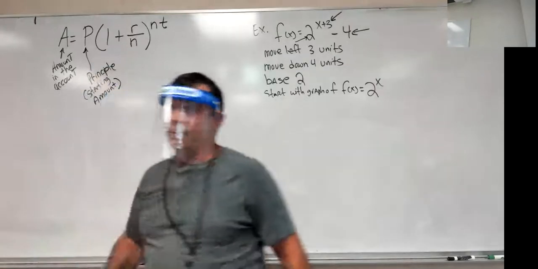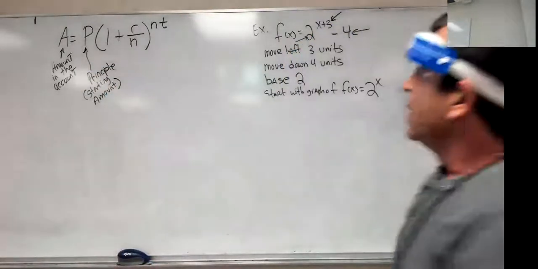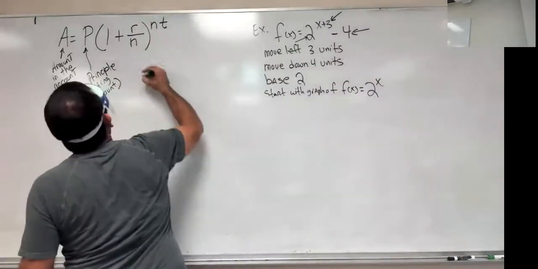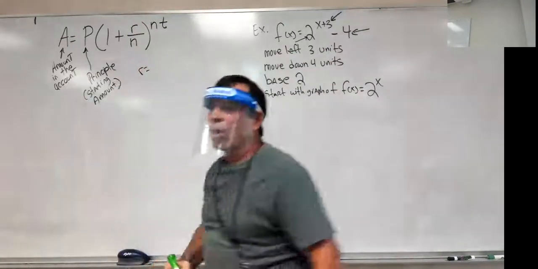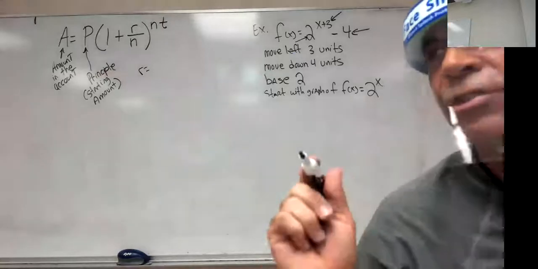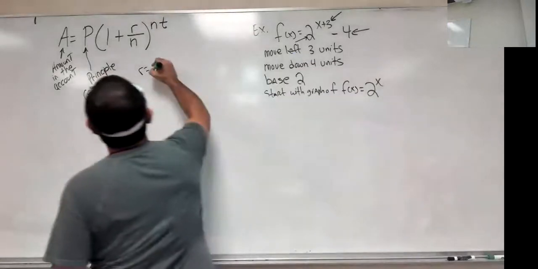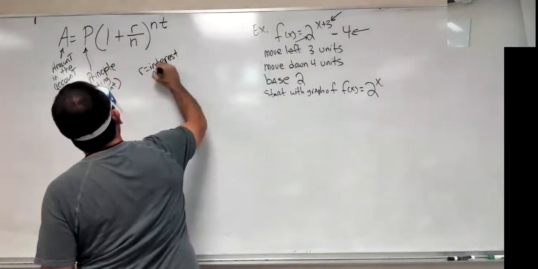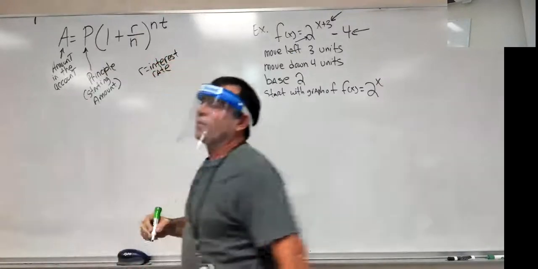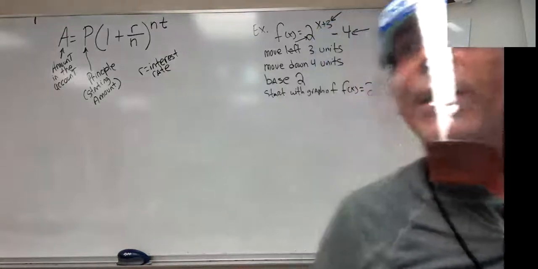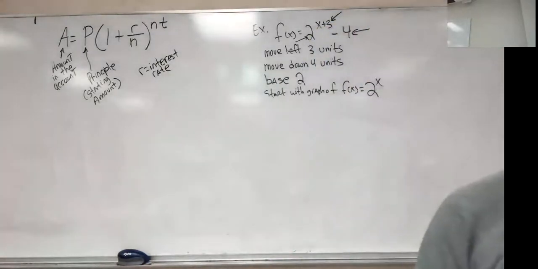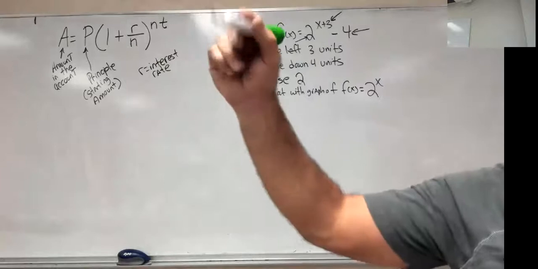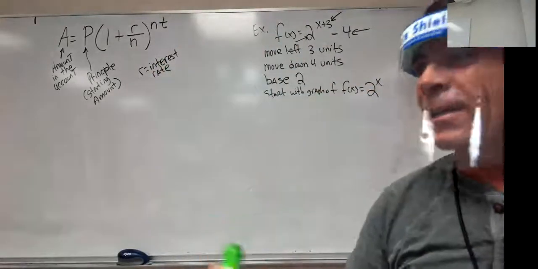R is your interest rate. And remember, when you put it into my formula, you better have it in decimal form. Okay, you can't keep it in percent form. You got to convert it to a decimal.